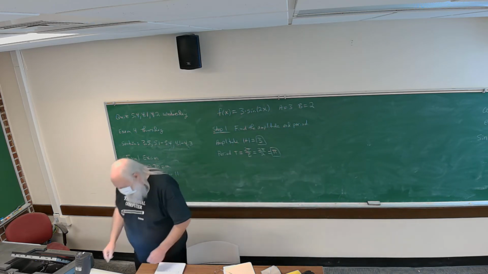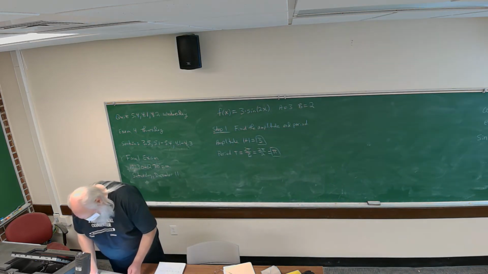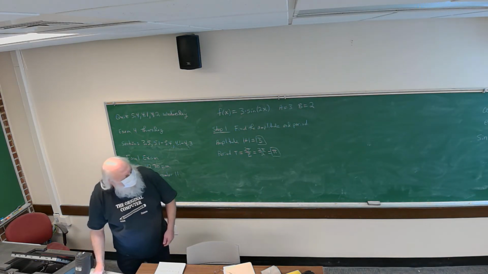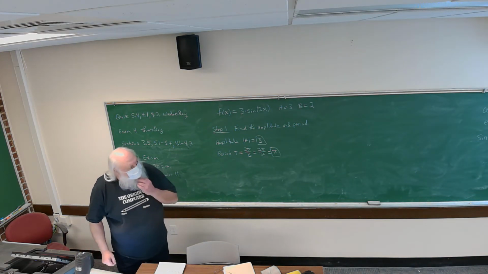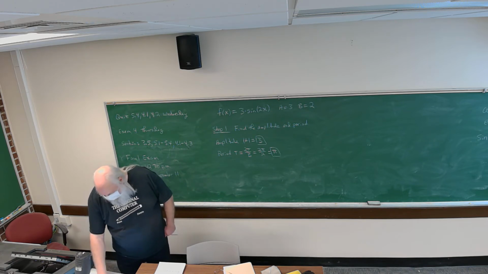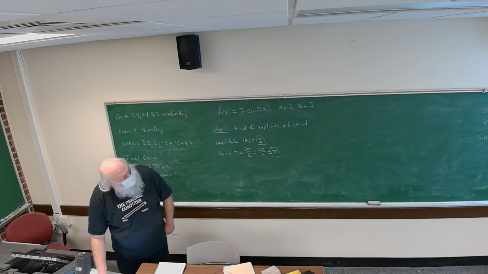Now, you don't have to flip back to this, I'm putting it on the overhead. So the key points for sine x, for this one cycle or one period, is where the graph crosses the x-axis. So there are 3 x-intercepts.